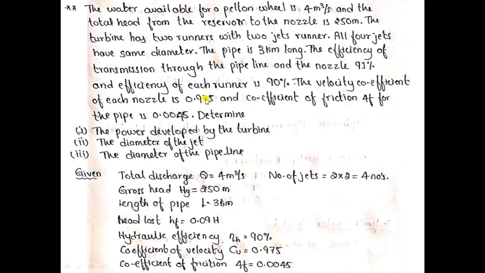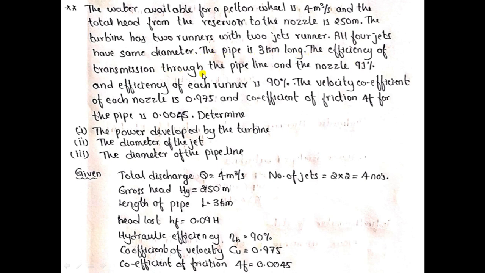Coming to another problem: the water available for the Pelton wheel is 4 meter cube per second, and the total head from the reservoir to the nozzle is 250 meters. The turbine has 2 runners with 2 jets per runner. All the 4 jets have the same diameter. The pipe is 3 kilometers long.